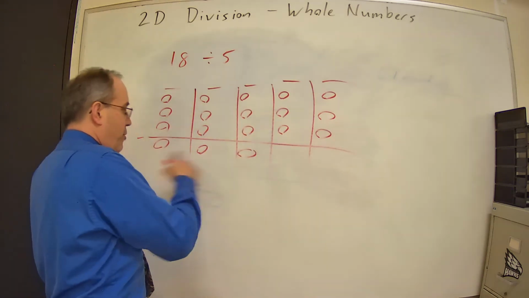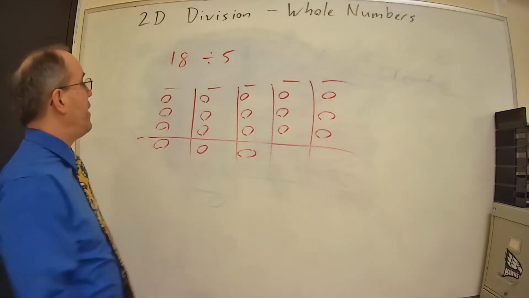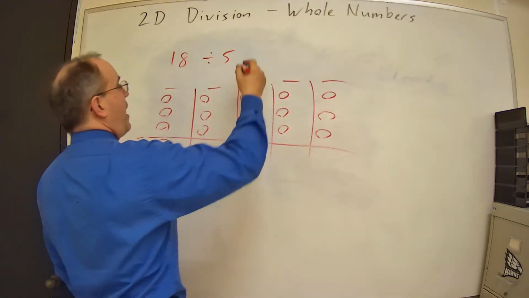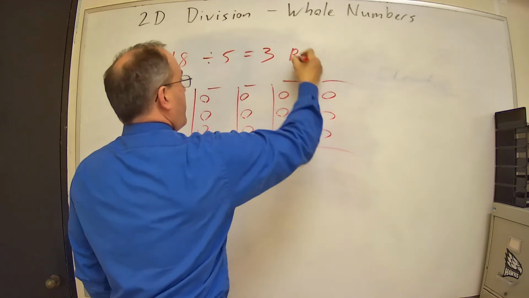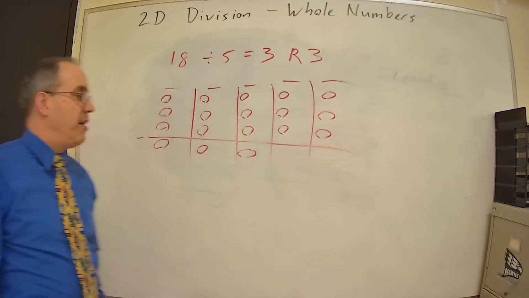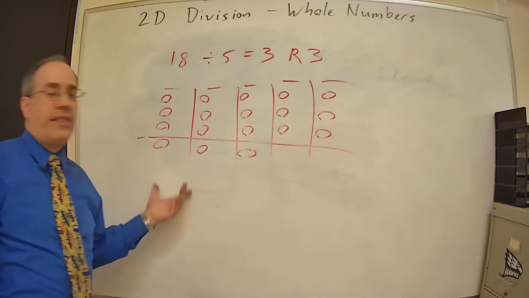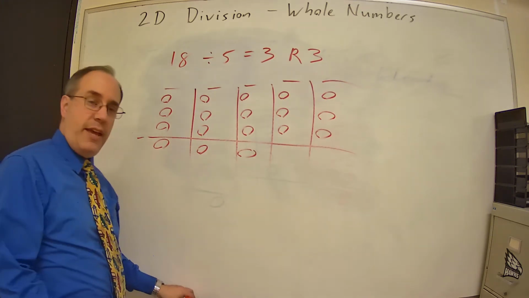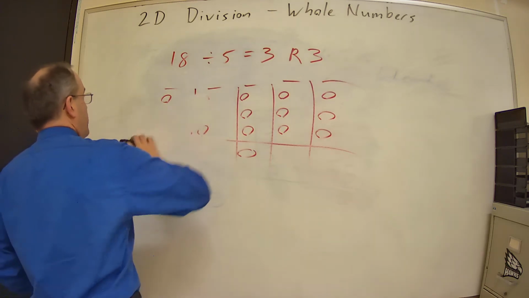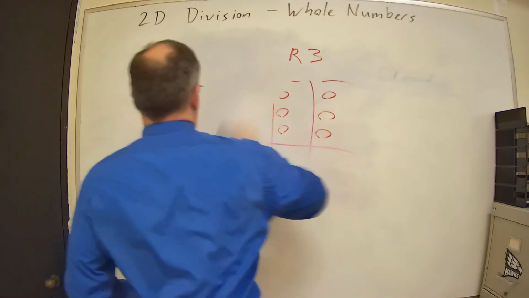But this 3 would be considered a remainder. We find out that 18 divided by 5 gives me 3 with a remainder of 3. I can give each one of them 3, and then there are 3 left over. So that's a remainder.